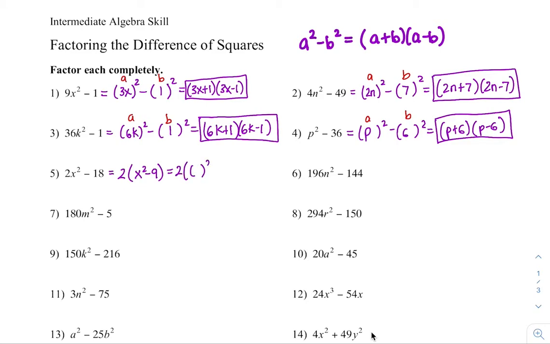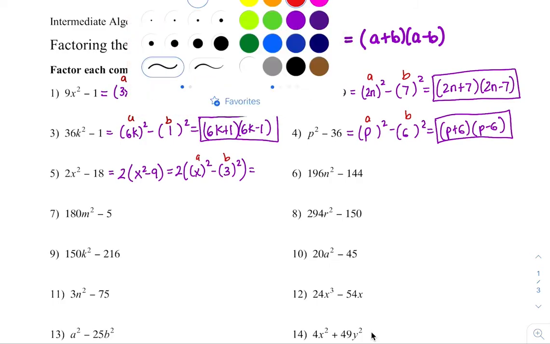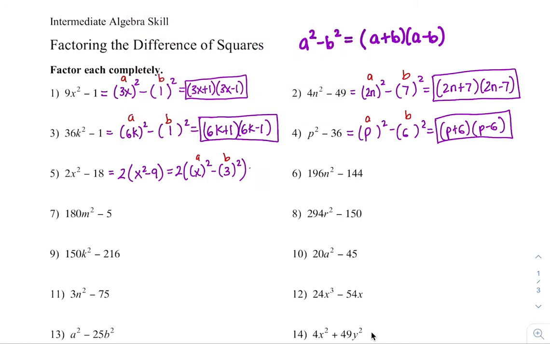What times itself is x squared, and what times itself would give you 9? And the answer is x and 3. So now we know what our a and b value are. I'll do it below it. So then we have 2 times our a plus b, which is x plus 3, times x minus 3.